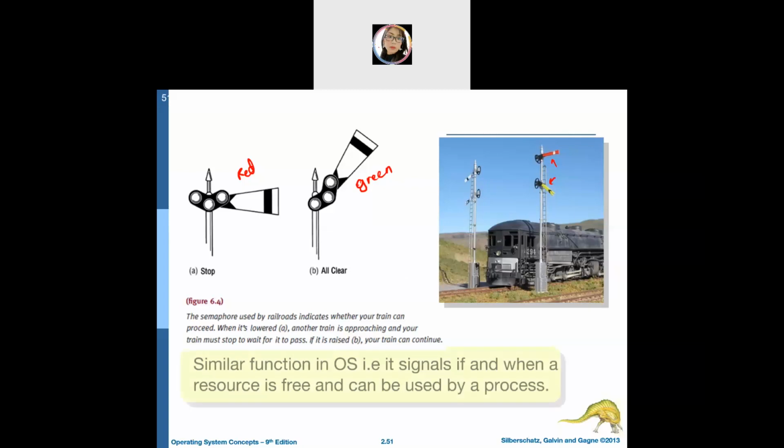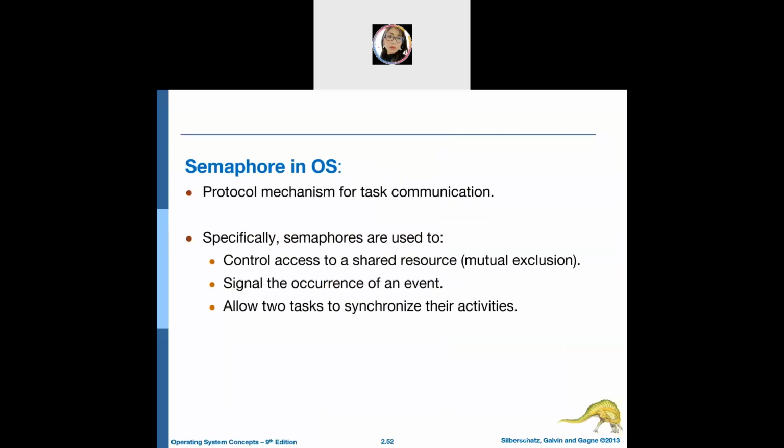In terms of trains, you can see the example here. Similarly in our OS, it signals when a resource is free. Free means all clear and can be used by a process.